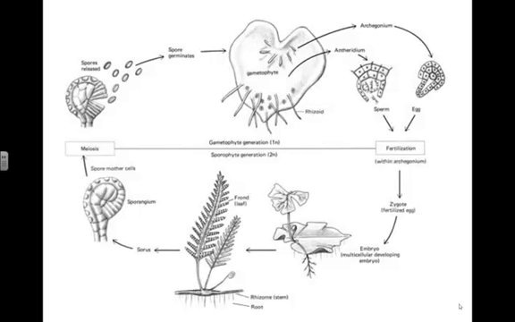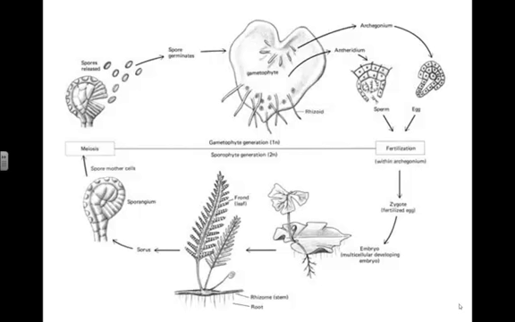And you can see that the prominent generation is the one that produces the spores. So the sporophyte generation is the predominant generation of ferns. Whereas in the moss, the predominant generation was seeing the rhizoids and the leafy shoots and the, now I've lost my thought, but the thing above the ground.